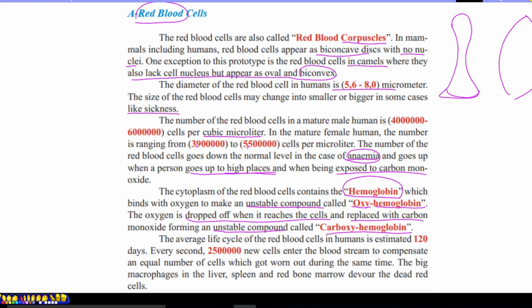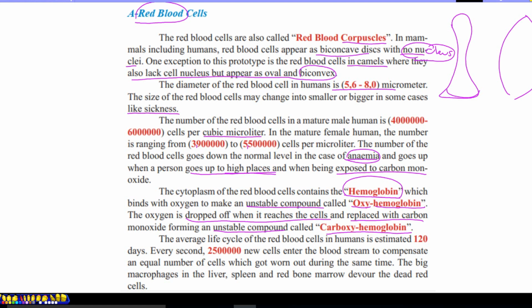The average life cycle of red blood cells in humans is about 120 days. Their life cycle is shorter because they have no nucleus. Any cell without a nucleus has a short lifespan, compared to white blood cells.